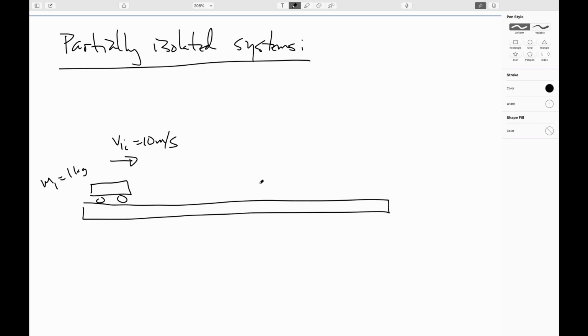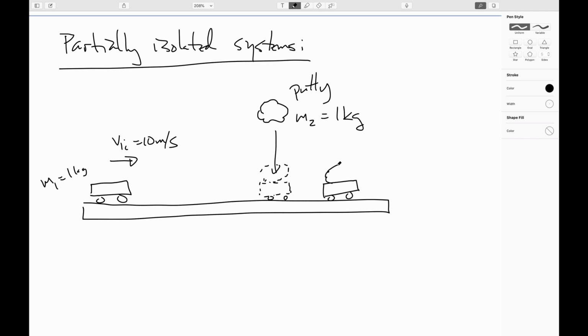So when it gets over here, what happened to it was a blob of putty that had a mass M2 of 1 kilogram. Oops. There we go. Fell and landed onto my cart. So afterwards, the cart goes traipsing off. And I would like to know, what is V final for this?